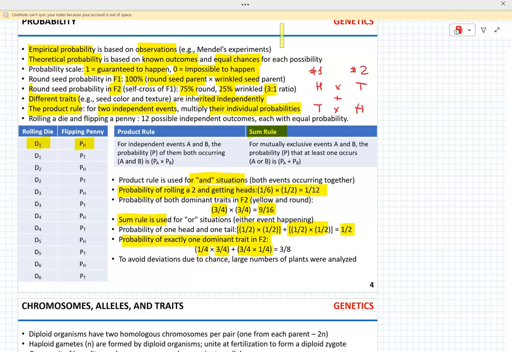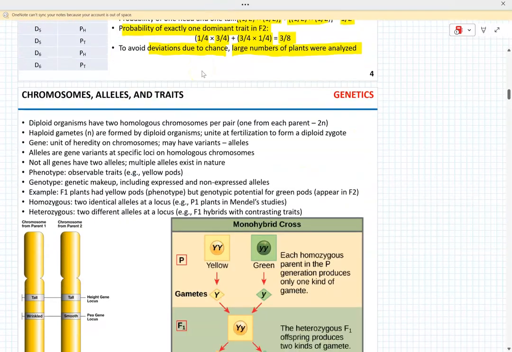If you do the calculations, it's going to be 3/8. So in order to avoid deviations due to random chance, like for instance getting 3 or 4 heads in a row, Mendel analyzed a very large number of plants.